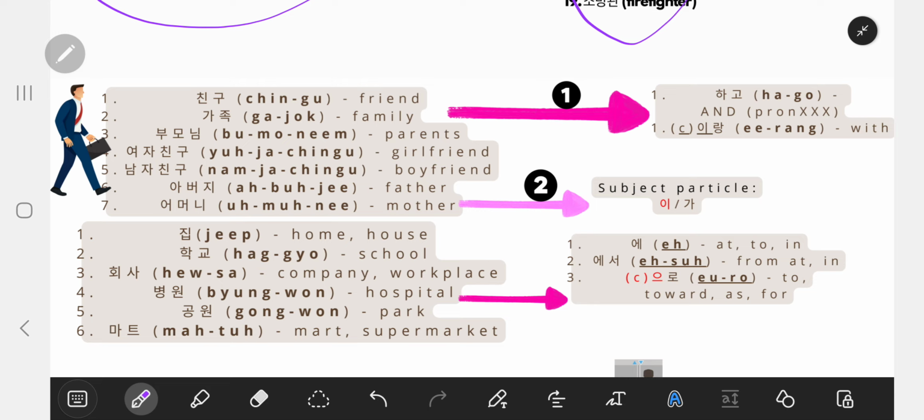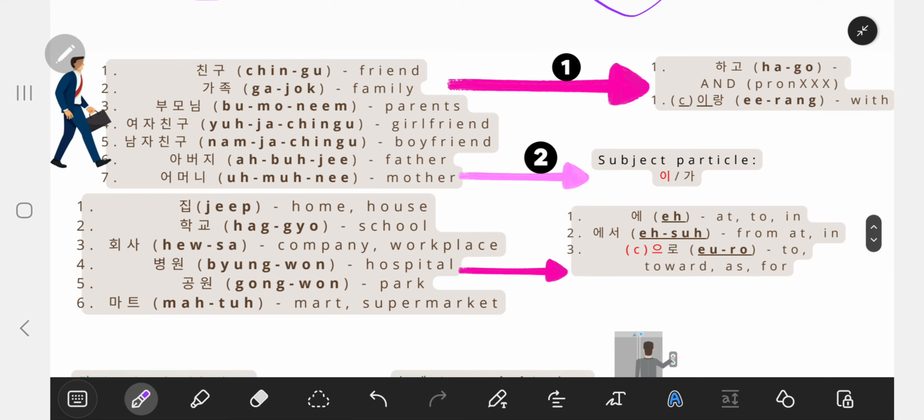So if I say something like this, my parents and I went to the hospital, but my friend went to the gym, or excuse me, my friend went to the park. Here's this.